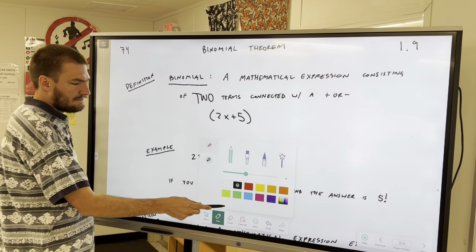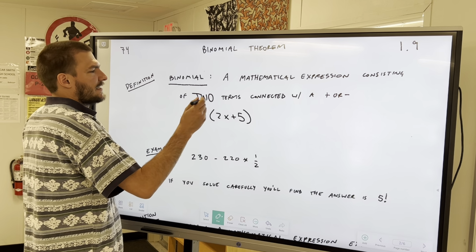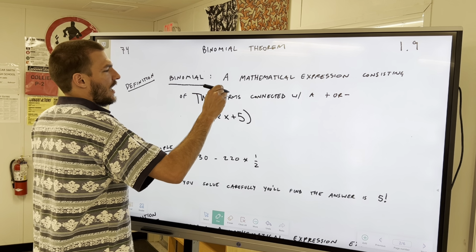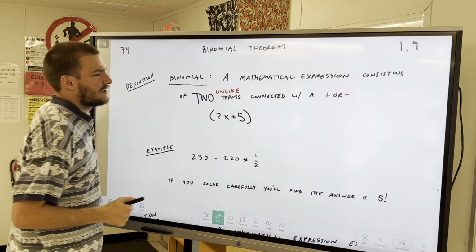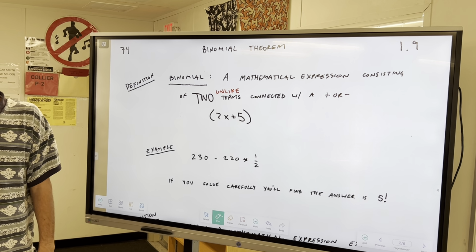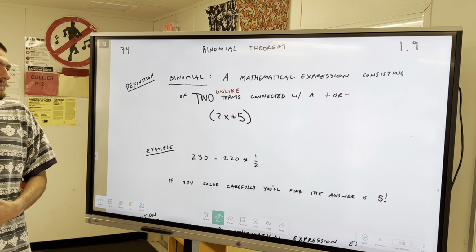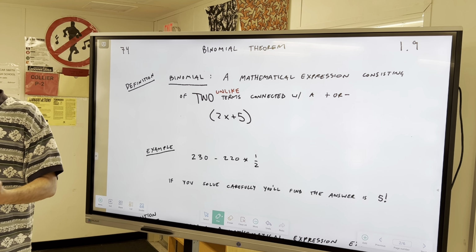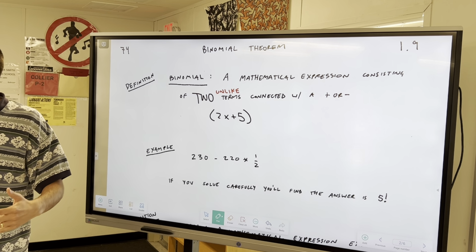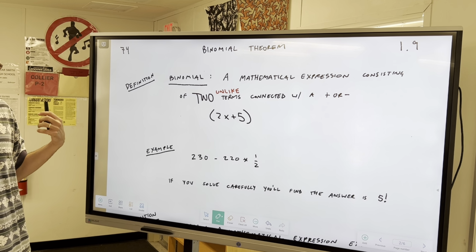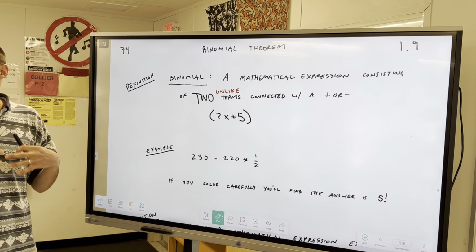If you want to be a little bit more specific, they should probably be two unlike terms. Otherwise, you could just combine them together into one. But we understand if there's two different terms, they're probably unlike each other. So normally they're separate, you cannot combine them.